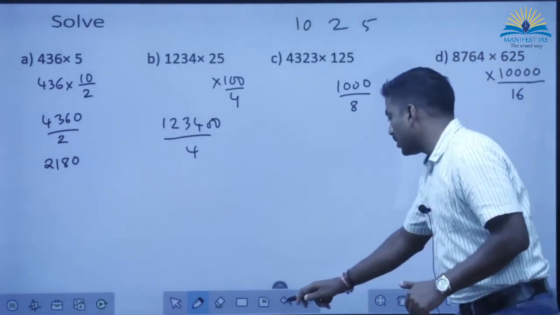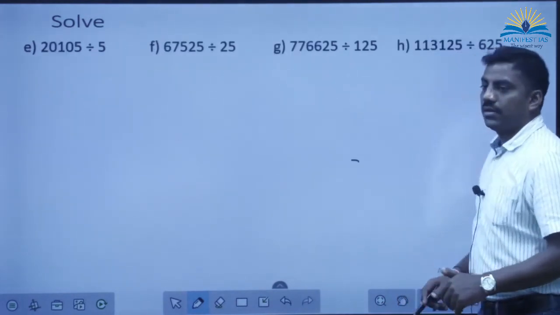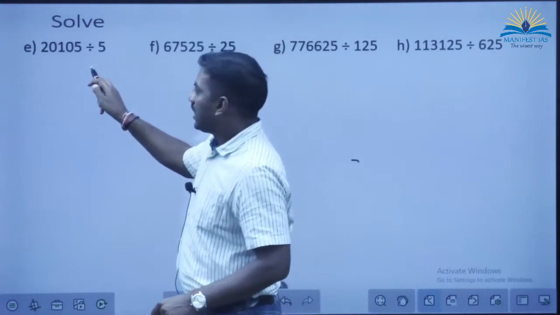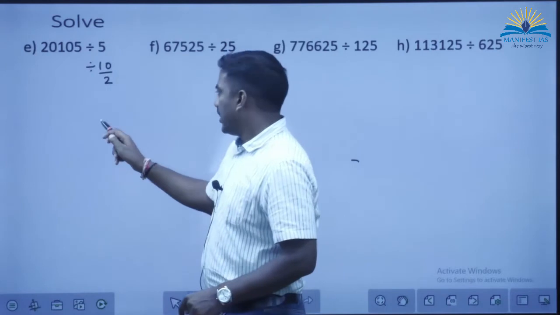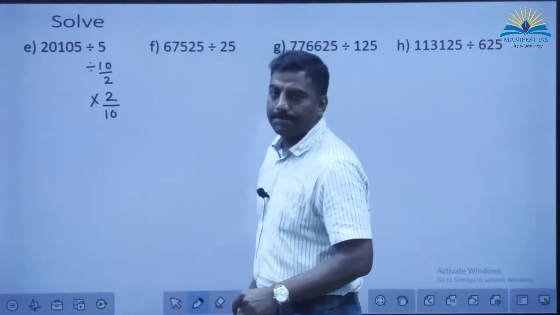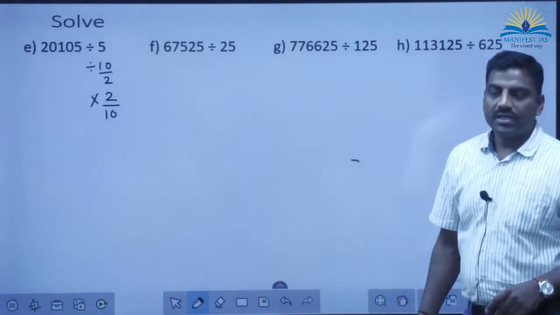Similarly, while dividing it by 5, can I divide it by 10 by 2? Or simply multiply by 2 by 10. That means what?